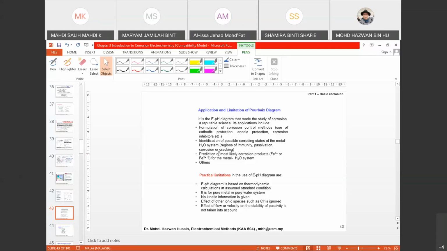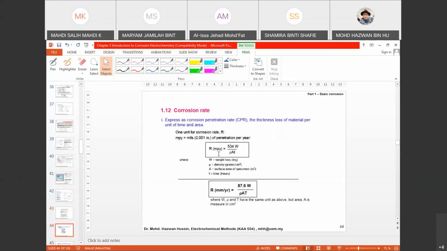Right. And finally, it doesn't take into account the mechanics, the fluid mobility, the flow and the velocity of the solution. So it is always concerned with the electrolyte in a closed system and stagnant, not moving condition.